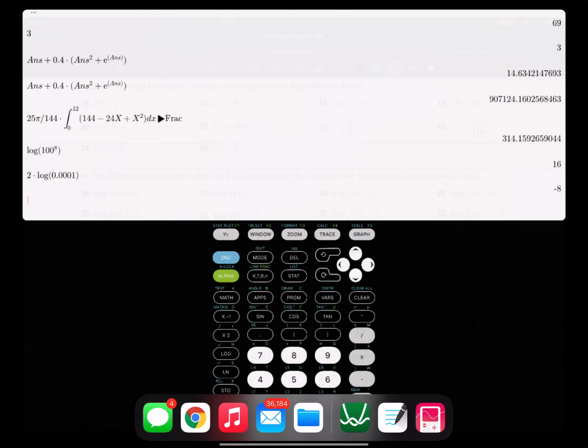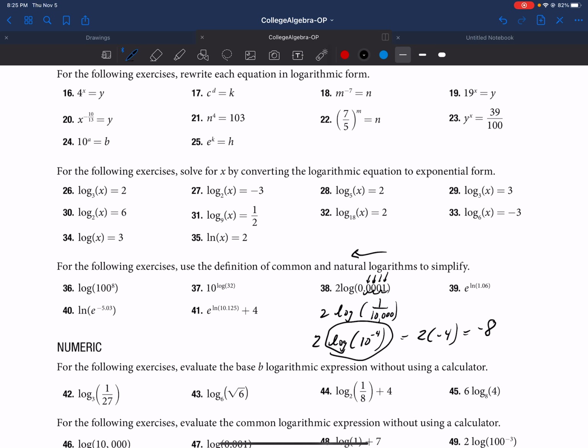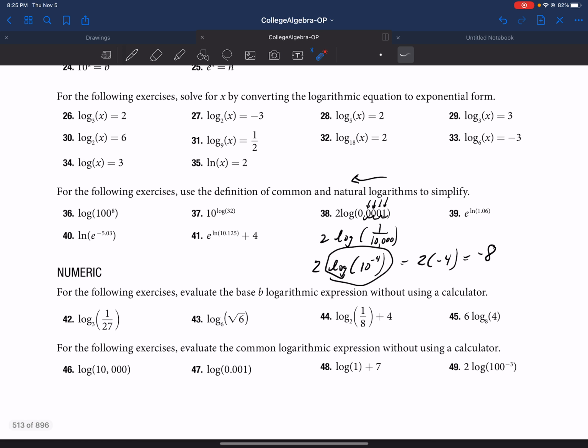And so that's how you think about the problems in this section. Same thing with the e's and the ln's. They will just wipe each other out. The answer is negative 5.03, and so on and so forth. Down here, it says evaluate them without using a calculator.